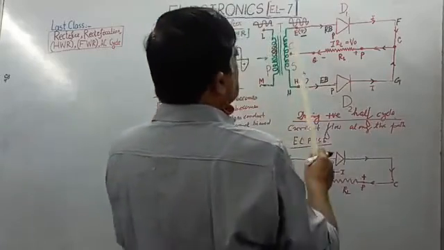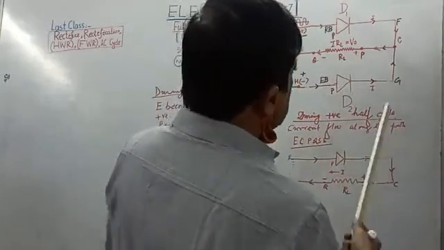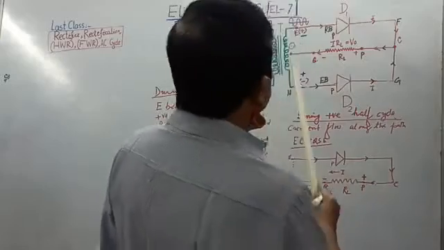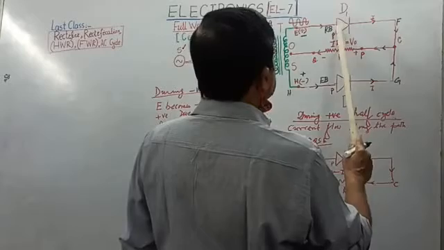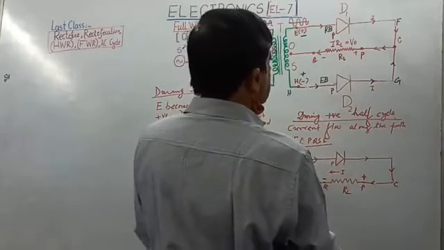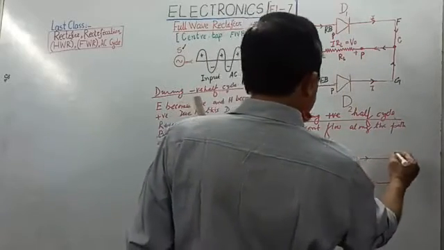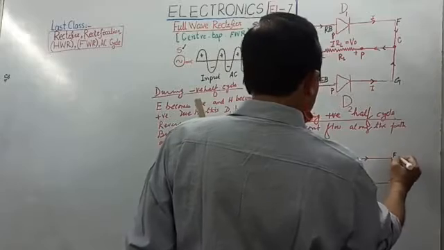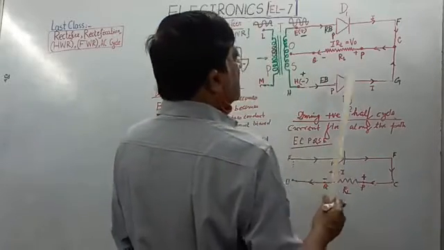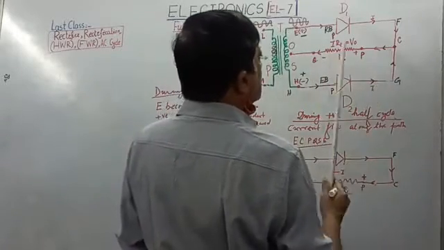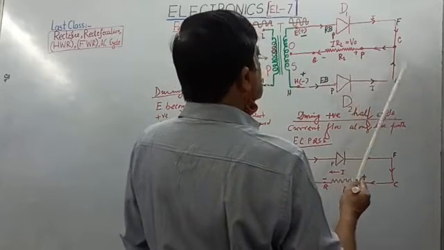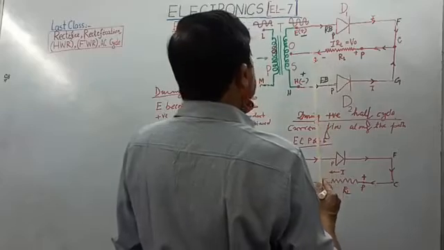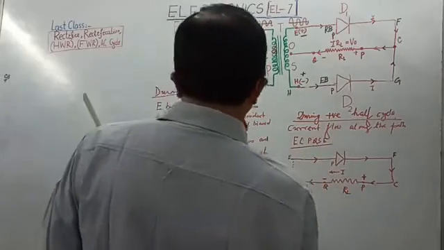Please remember, between E and F, D1 is there. Between G and H, D2 is there. It will flow from C to O through P, through load resistance, through Q and finally to S.